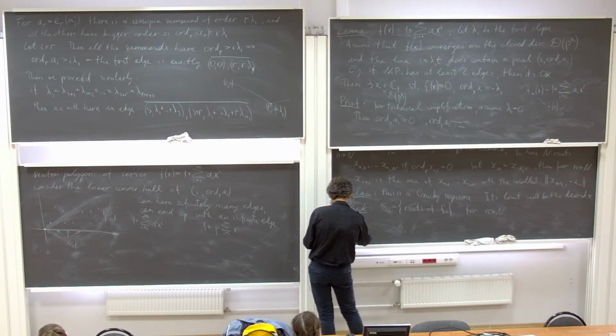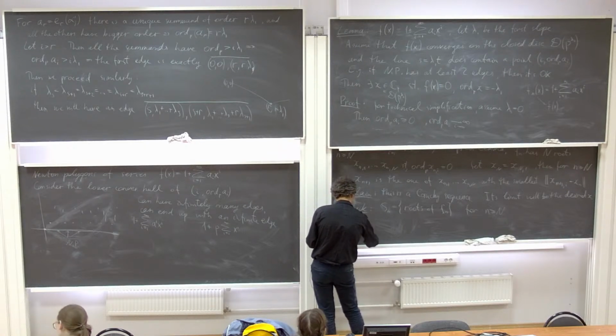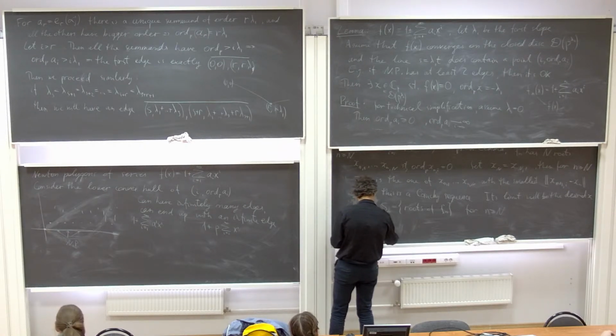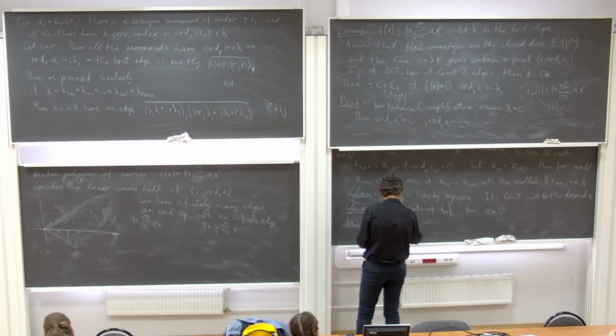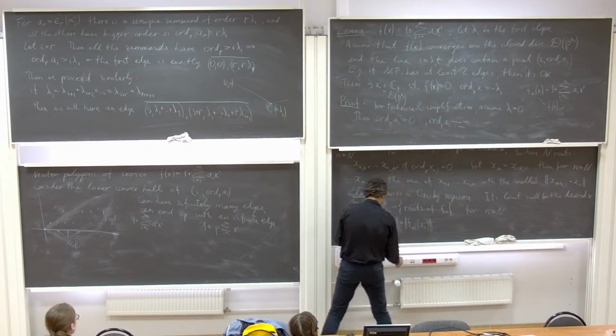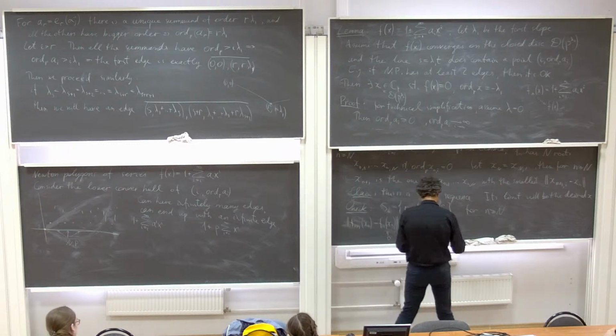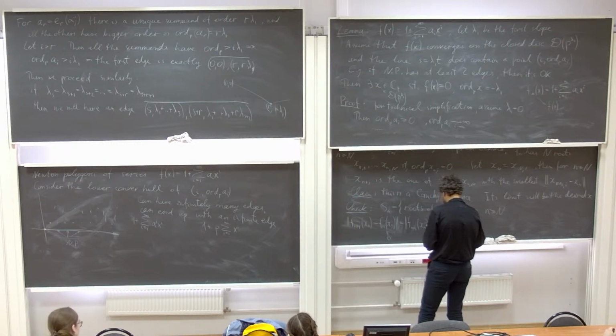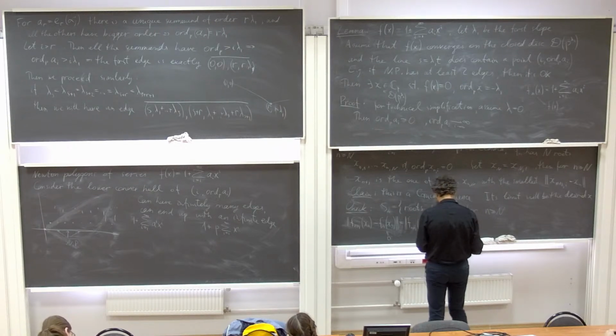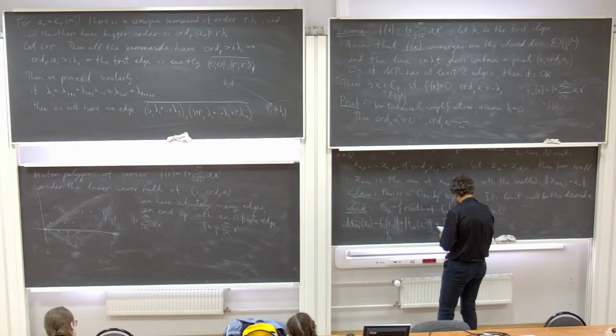The distance from F_{n+1}(x_n) minus F_n(x_n) is F_{n+1}(x_n), just because this is 0. Okay, now this is the product over all the possible roots y of the n plus first polynomial, 1 minus x_n over y.